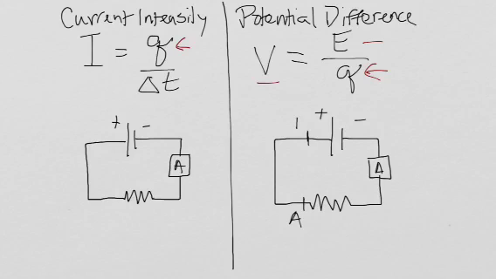So when we actually use a voltmeter, it is never part of the circuit loop. It's always on the outside trying to get in.